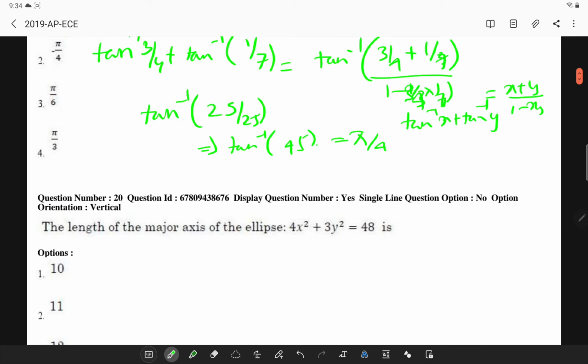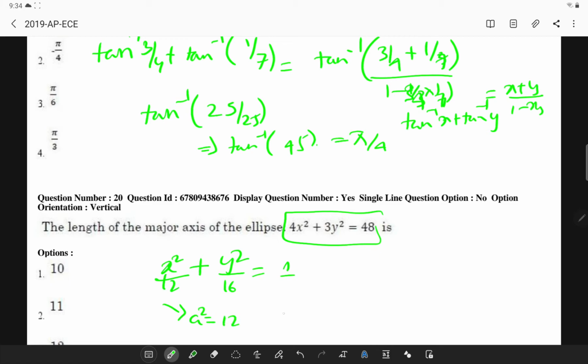So the next question is related to ellipse. If I divide both sides by 48, I'll be left with x square by 12 plus y square by 16 is 1, where the value of a square is equal to 12 and b square is equal to 16.